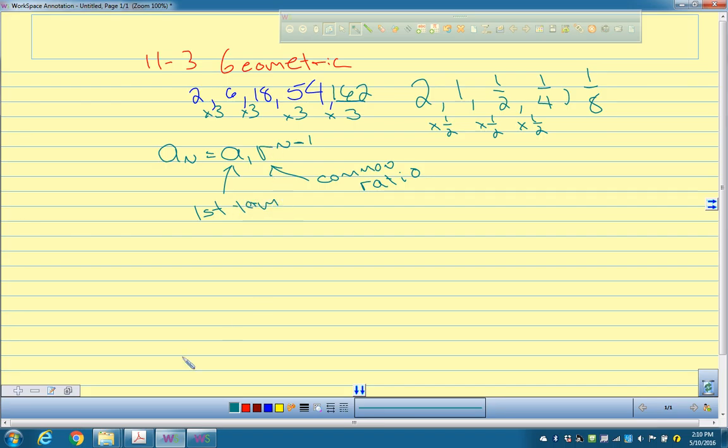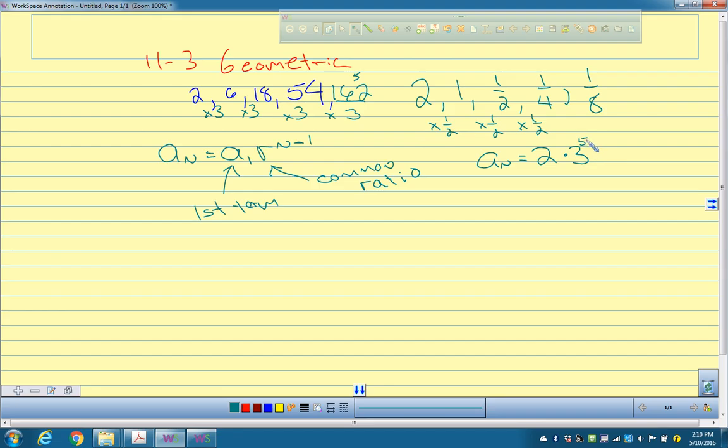So r is what you're multiplying by each time. For instance, in this first one, if I want to find the 5th term, a sub n is equal to the first term, which is 2, times the common ratio. What am I multiplying by each time? 3. Times 3 raised to the 5 minus 1 power.